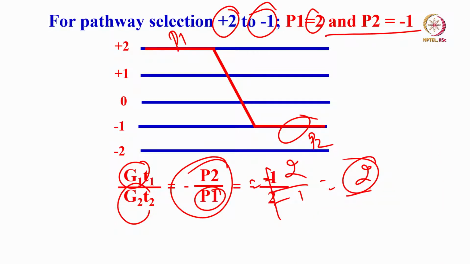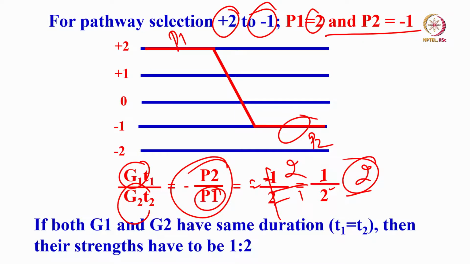If this becomes 2, then 1:2 ratio. Okay. No, not 2, it is a half, I am sorry. 2 is in the denominator. Sorry, it is half. So G1 and G2 have the same duration if you make it. Now let us say T1 is equal to T2. I will adjust it.